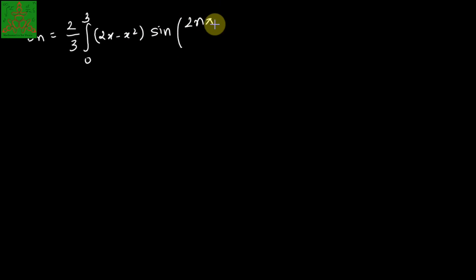Next we need to calculate what is the bn. So bn is 2 by 3, integral from 0 to 3 of fx, which is 2x minus x square, times sine 2n pi x upon 3 dx.